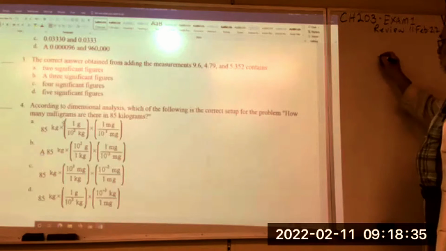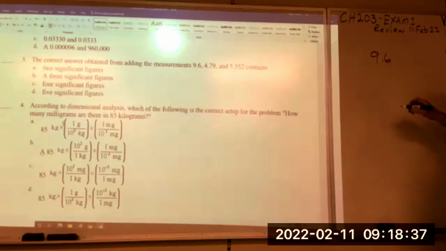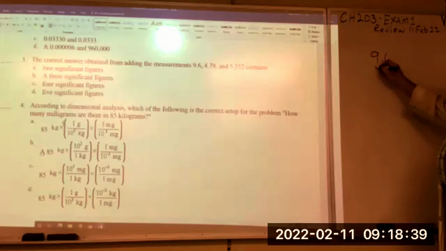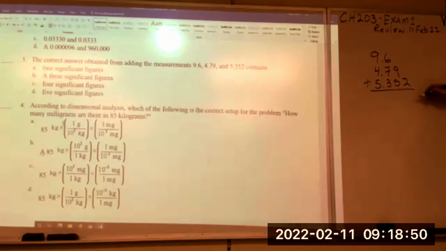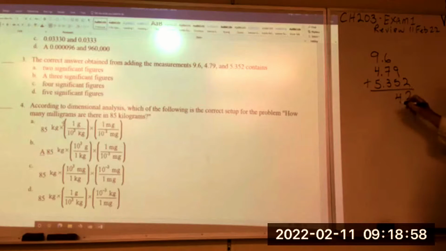So if we want to work this problem, we need to line up the decimal points. Here we go. Add them together. The first step is you just add them, right? Let your calculator do the work if you want. 2, 14, 17, 10, 19.